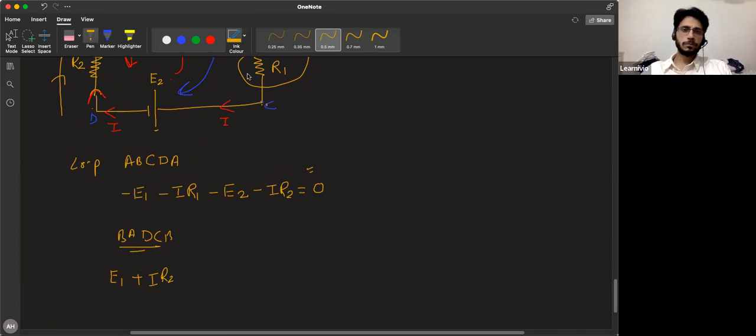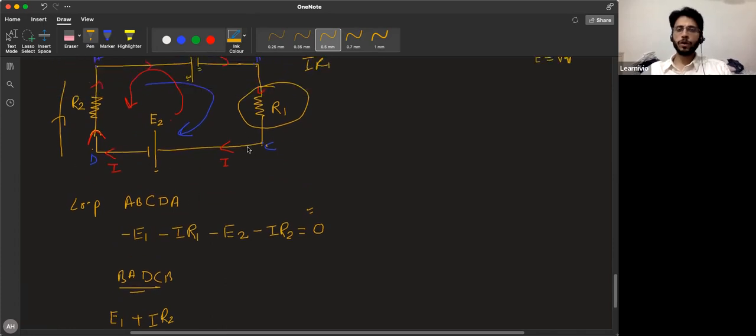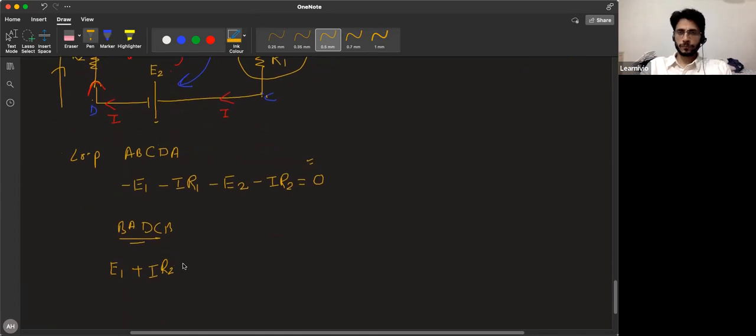Nabil, what about this cell? We are going from D to C. Rise, fall? Sir, rise. Positive, negative? Positive. Nabil Khan, when we go from D to C, the EMF of the cell, is it rise or fall? It rises.